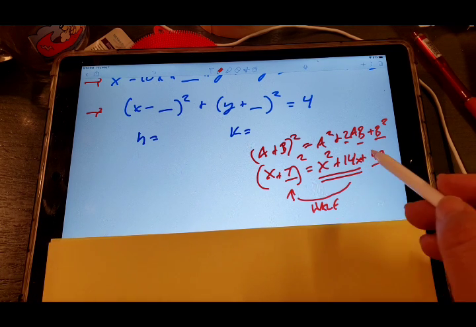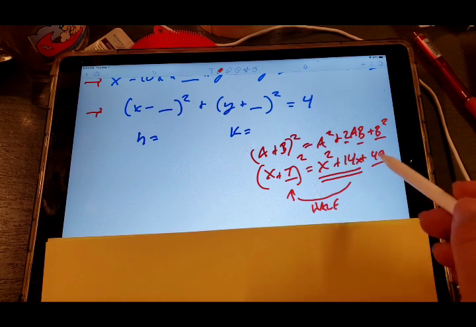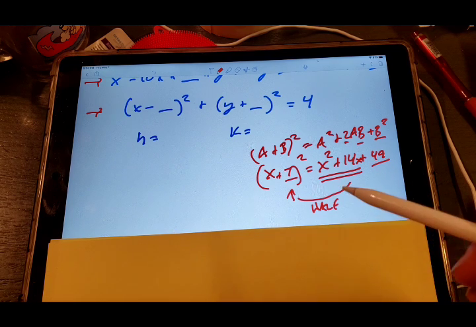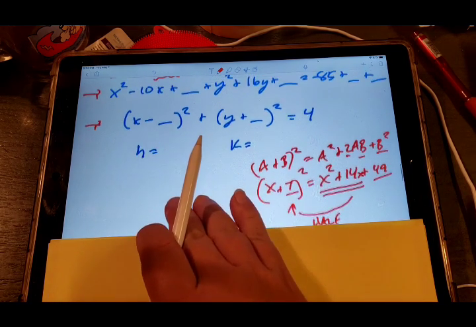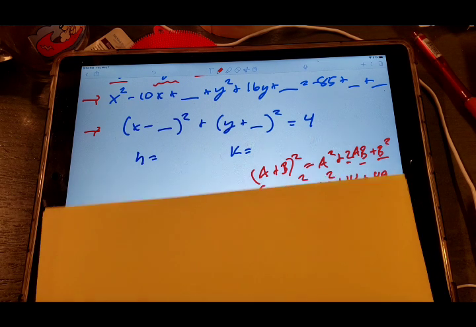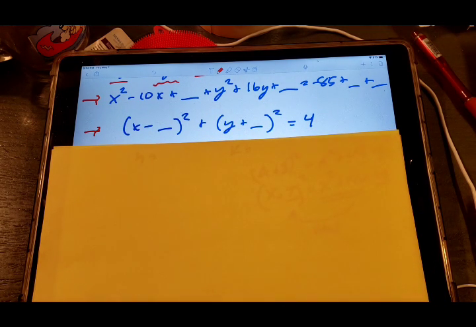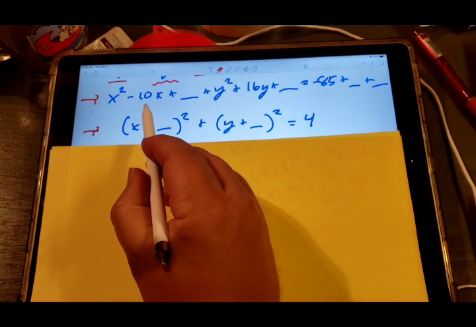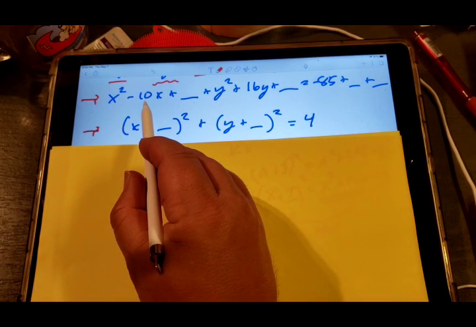If I knew the 49 but didn't know the 7 and the 14, I could figure those out. It's just connecting everything. So let's see this done, and I think you'll agree with the numbers I got. So I have a 10 here.